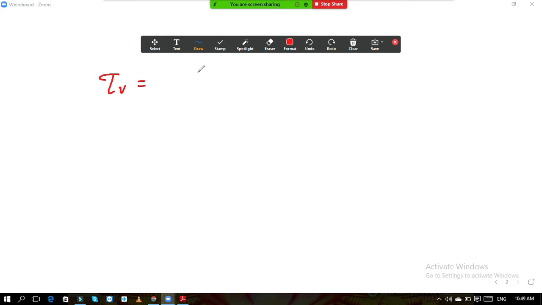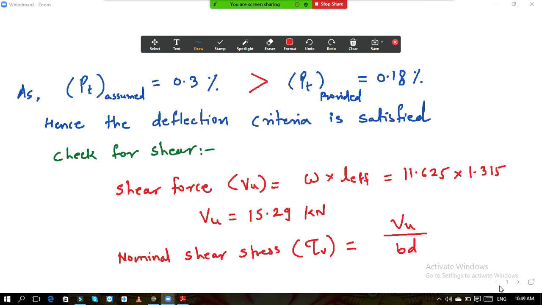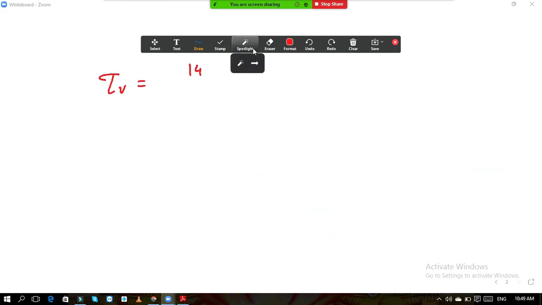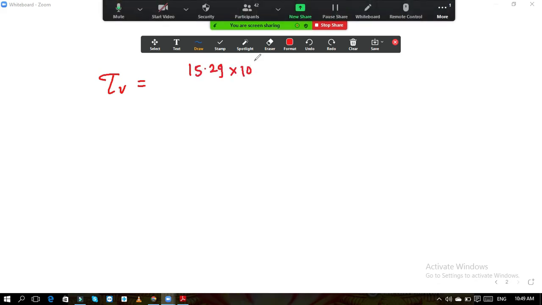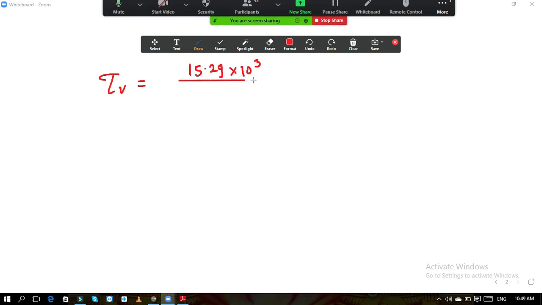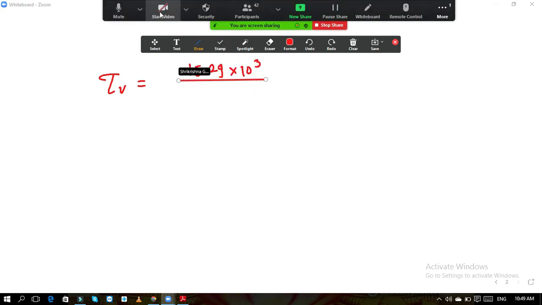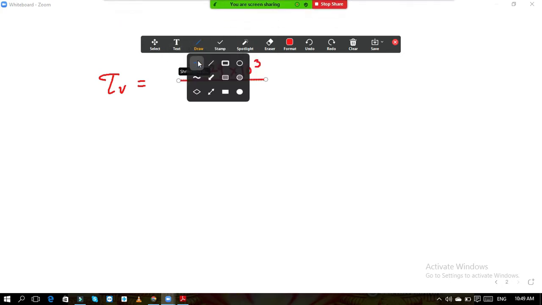Your Vu is 15.29 kilonewton, so multiply this by 10 raised to 3, then divide it by bd. Per meter width is our analysis, so 1000 into effective depth, which is 130.